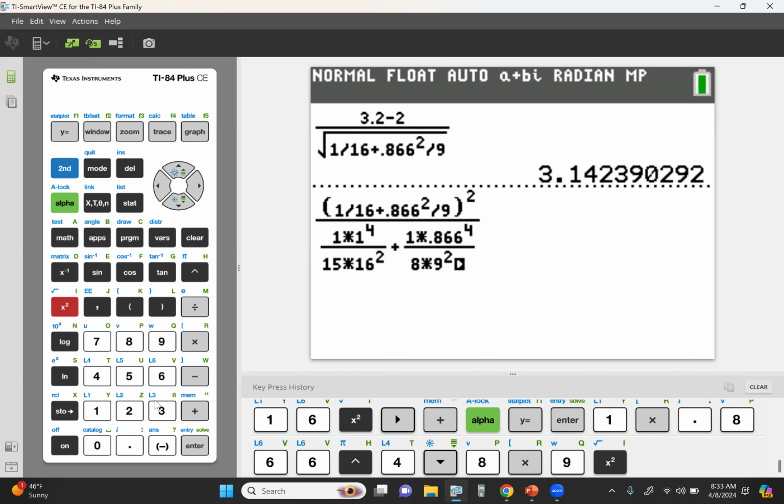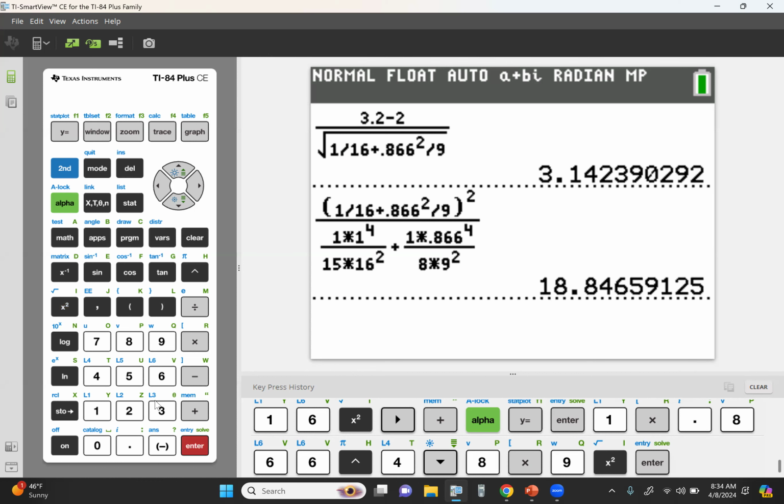Then you add the standard deviation of the second group raised to the fourth power, divided by the degrees of freedom of that group times its sample size squared. And we pray that that's 18. Okay, so the degrees of freedom is 18.84659. That's what I need to put in my TCDF to calculate the area under the curve.